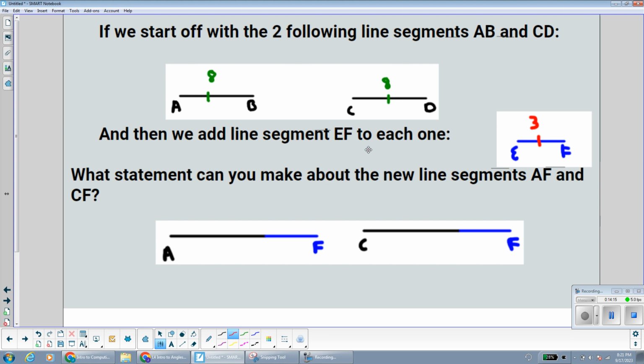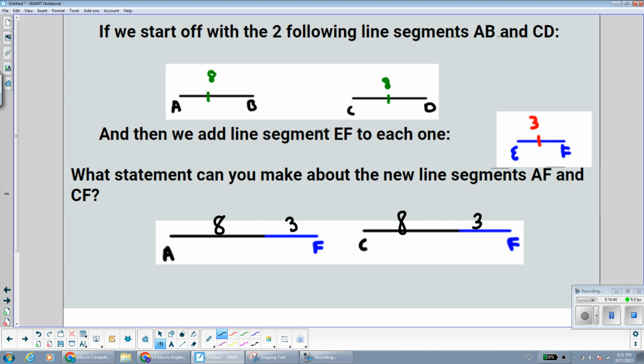And to each of these line segments, we're going to add the same line segment EF, which has a length of 3. So notice this was line segment AB, and we just stuck EF onto the end of it. This was line segment CD, and we just stuck EF onto the end of it. Both of these original line segments were length 8. AB and CD were both length 8, and EF was length 3.